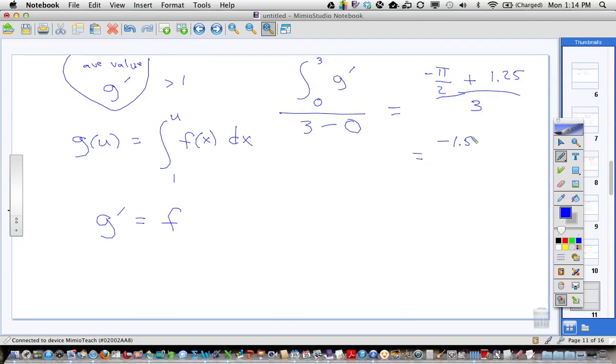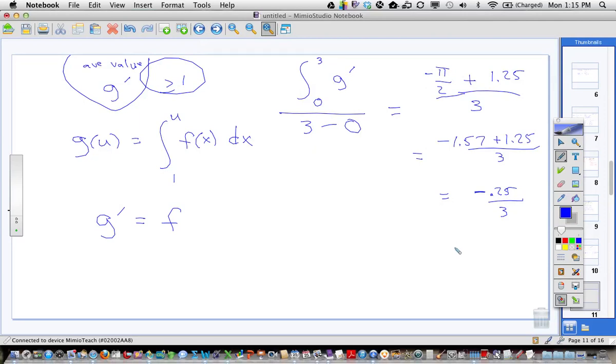Negative 1.57, isn't that pi halves, plus 1.25 divided by 3. So this is roughly negative. Well, it's got to be. It can't be greater than 1. No way, right? Because that's going to be negative a quarter divided by 3. So it's a negative. There's no way it can be greater than 1.